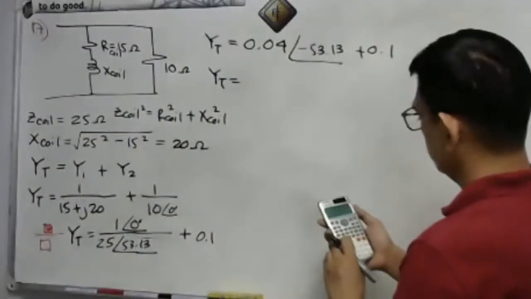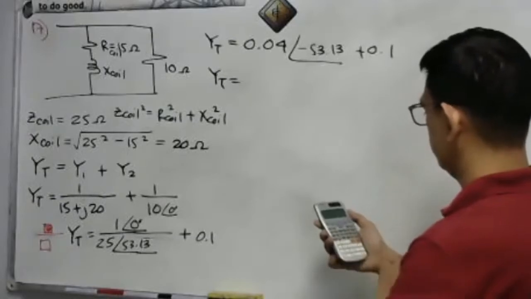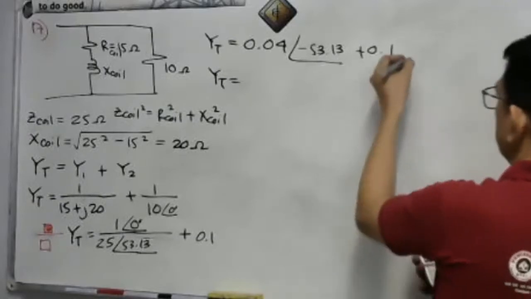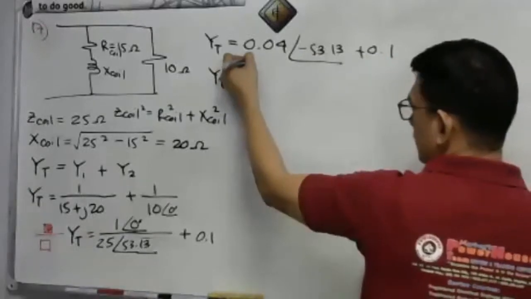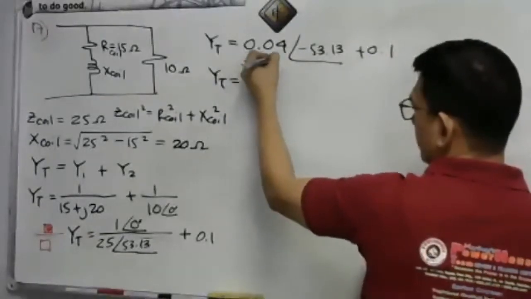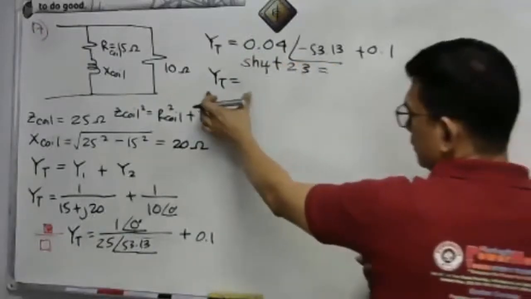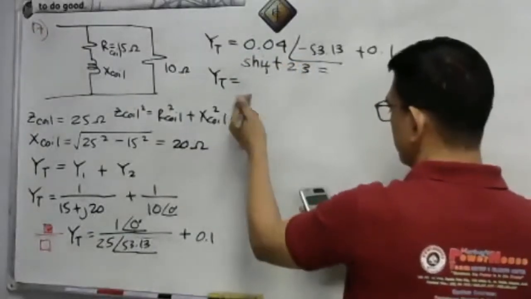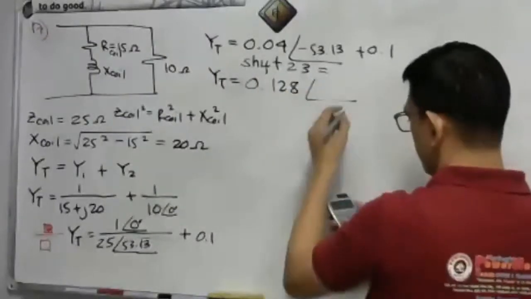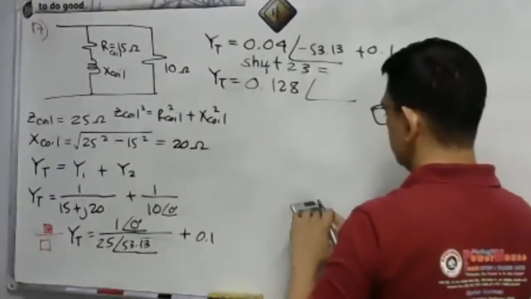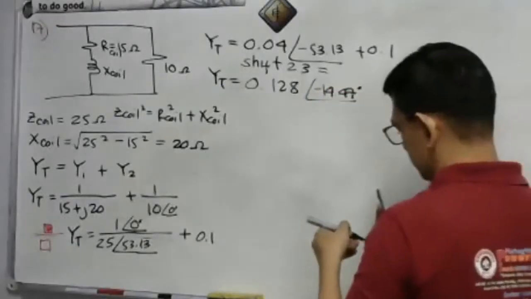Okay. Then, pindutin nyo yung shift 2, 3 equals. Pag napindot nyo na to sa calcu nyo, pindutin nyo yung shift 2, 3 equals, so that your final answer will be in polar form already. 0.128 bar angle negative 14.47 degrees.